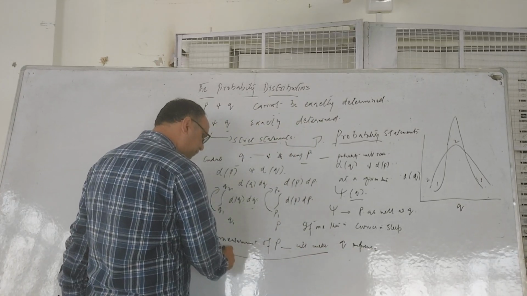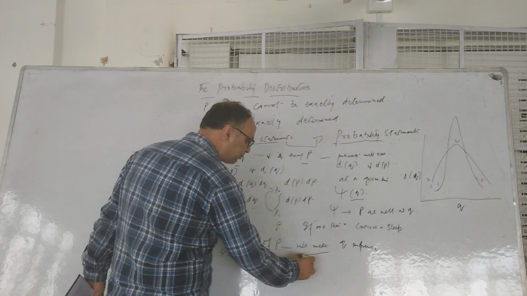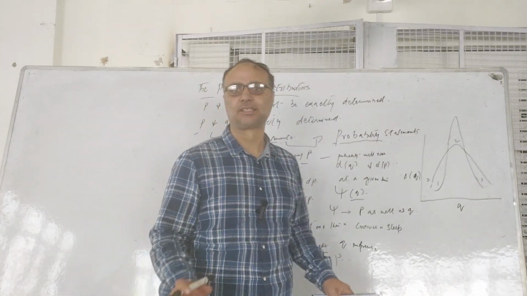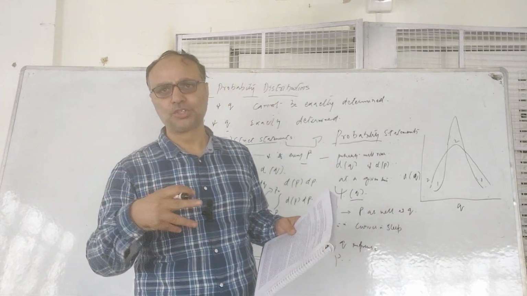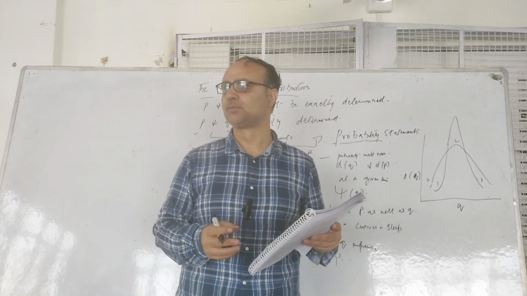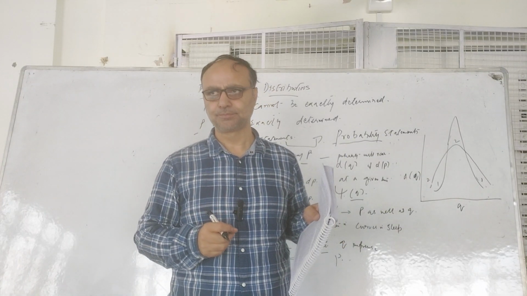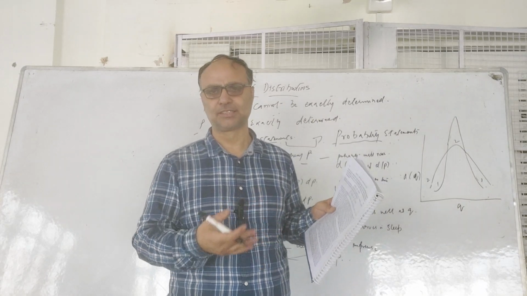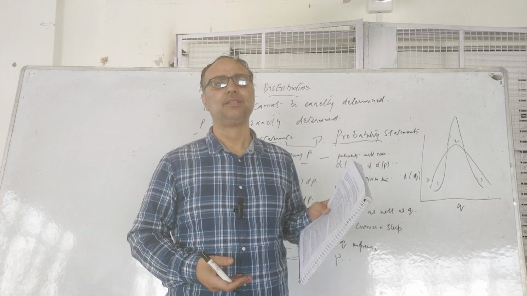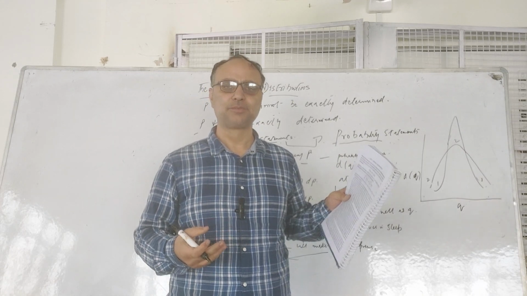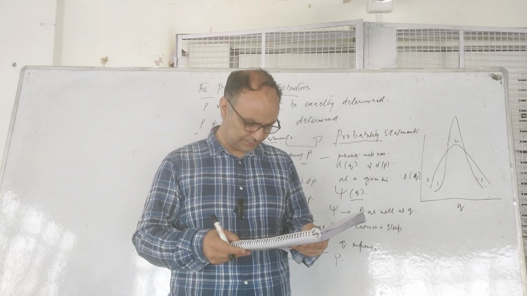Exact measurement of q will make p imprecise. That's it. The more we concentrate on one variable, the measurement of the other becomes less exact. It's sort of the complementarity principle, where they have an inverse relationship.